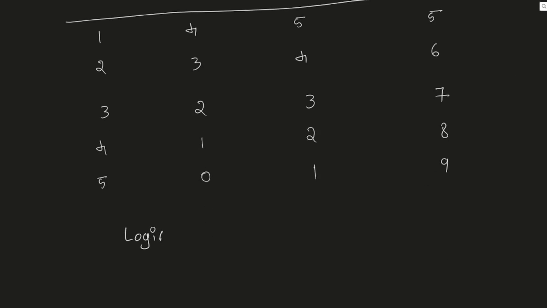Logic for star start index, star end index. By looking at the numbers, we can directly say that the numbers are getting decreased here from n to 1.